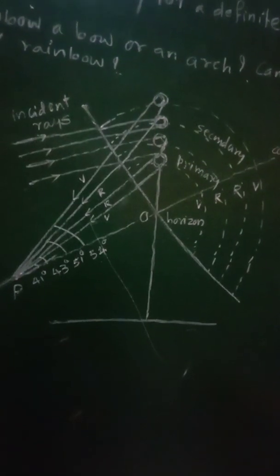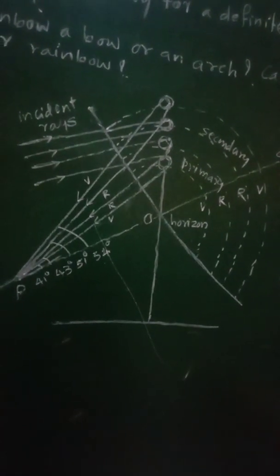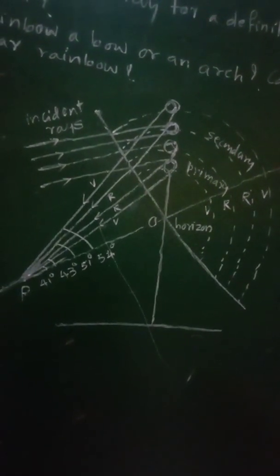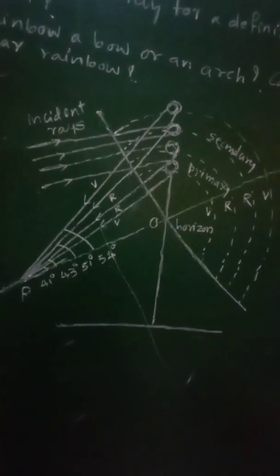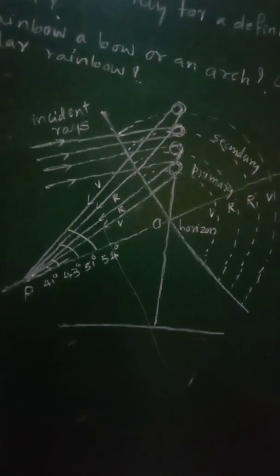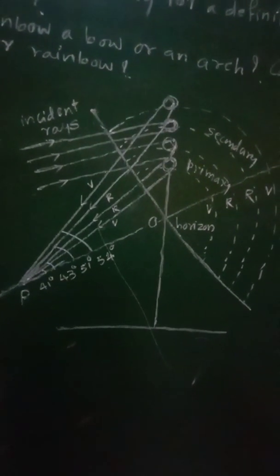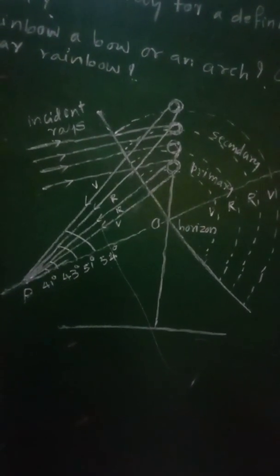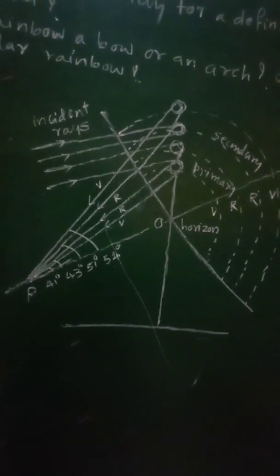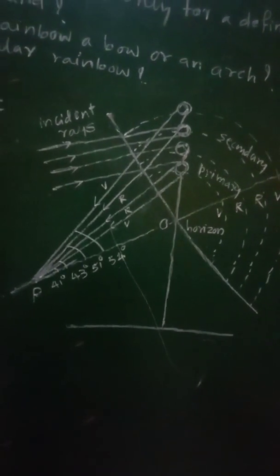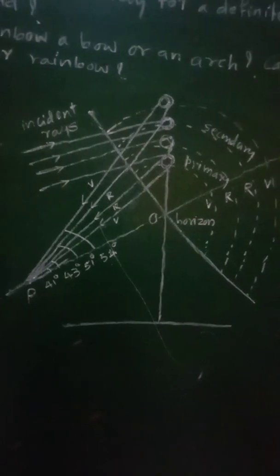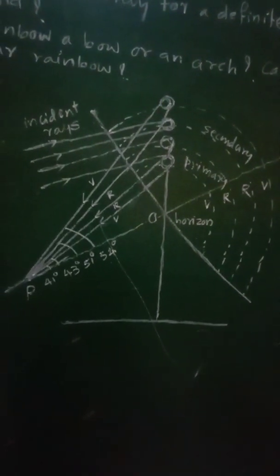So we know that the different colors of the rainbow are seen on arches of cones of respective angles. The smallest half angle refers to the center of the violet color of the primary rainbow, which is 41 degree.